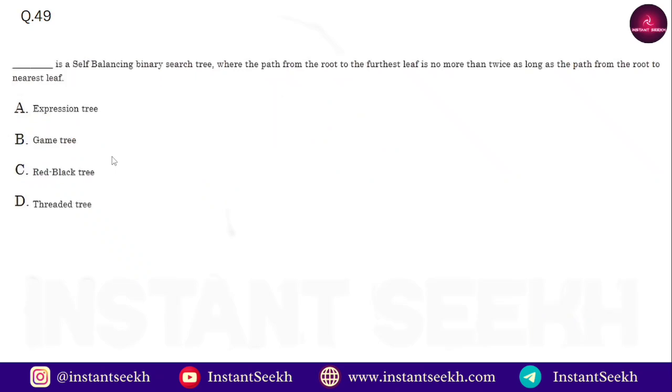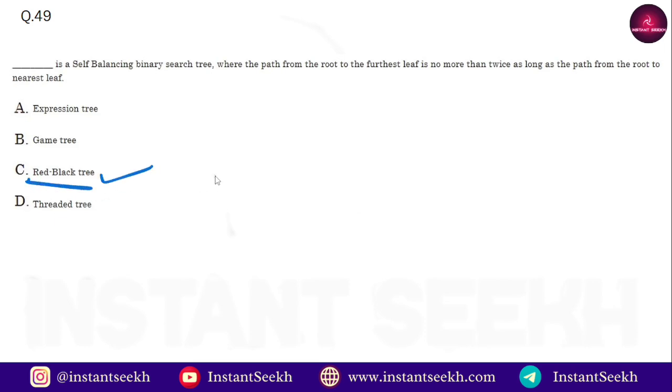Dash is a self-balancing tree where the path from root to the furthest leaf is no more than twice as long as the path from the root to the nearest leaf. For this, the correct answer is red black tree.